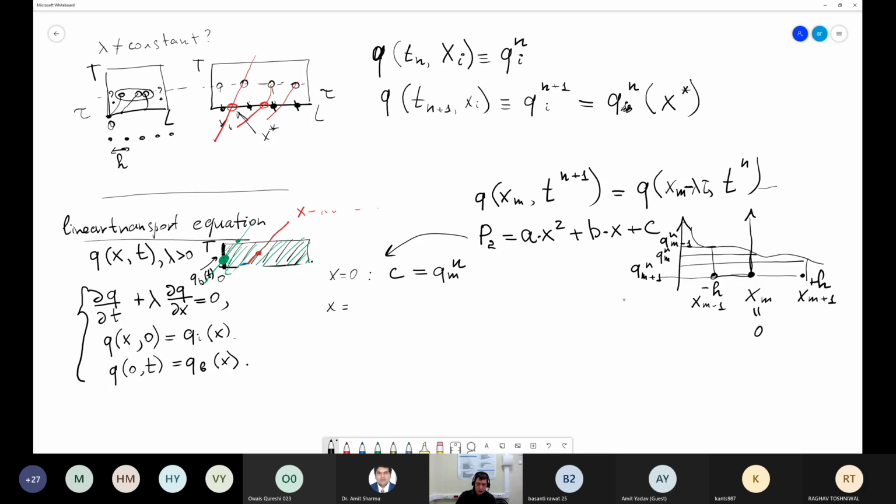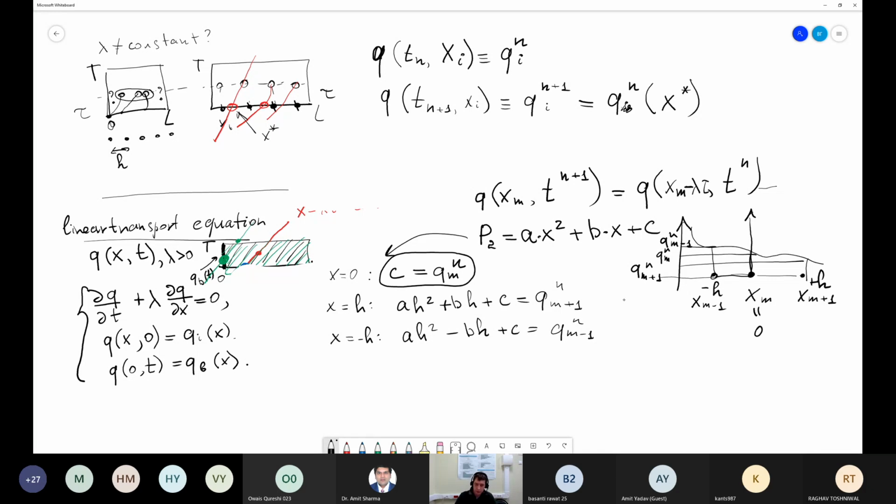Let's substitute x equal to h here: a h squared plus b h plus c is equal to this value q m plus 1 n. And the third point, x equal to minus h: the same, a h squared minus b h plus c is equal to q m minus 1, the point n. Great. Let's solve it. We know the answer for the coefficient c.